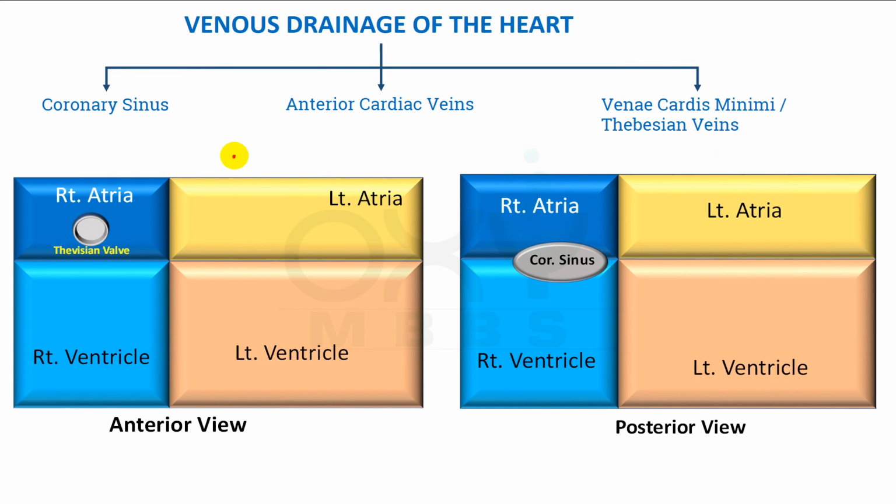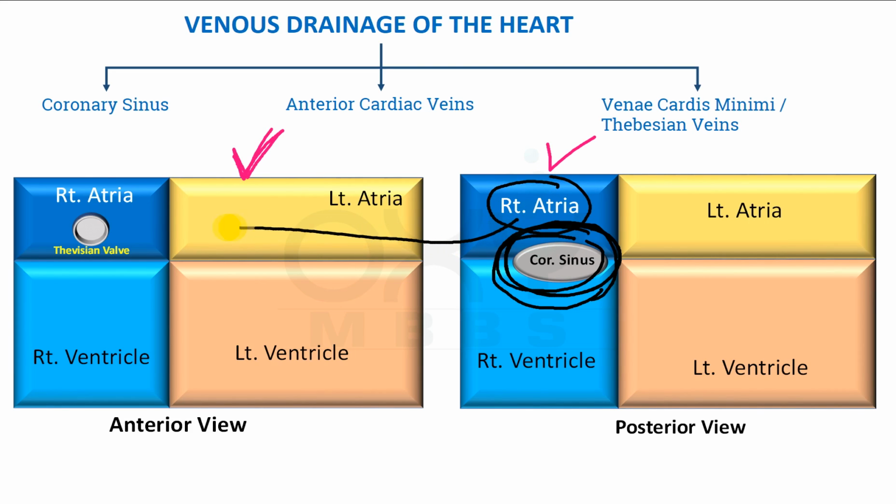So this is a very simple picture of the anterior side of our heart, and this one is the posterior side. On the right side, in the posterior side and in the right coronary sulcus, there is a bag like structure, and that is called coronary sinus. And this coronary sinus opens into the right atrium through this Thebesian valve.